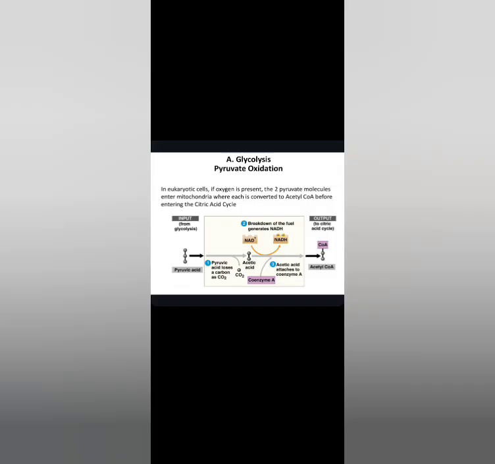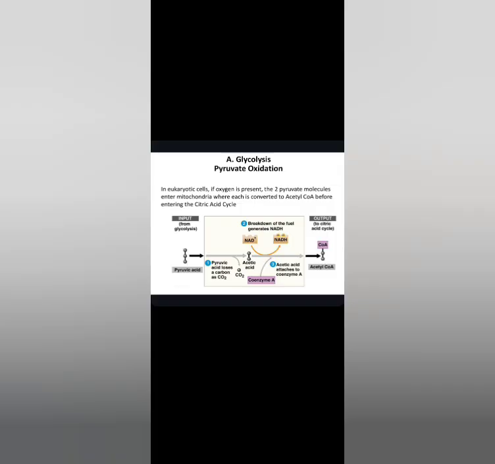Pyruvate oxidation is catalyzed by a complex of enzymes known as pyruvate oxidase. It's a complex of 3 enzymes that do 3 different chemical reactions on pyruvate at the same time. First, this complex of enzymes removes one of the 3 carbons.